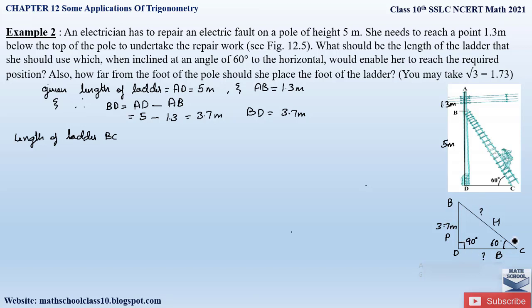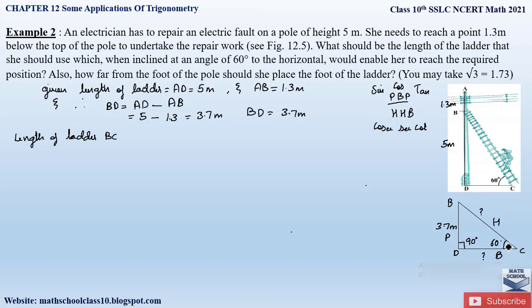So here we can apply the trigonometric ratios to find out sides BC and DC, right? To apply the trigonometric ratios, we should draw the fraction, that is P, B, P divided by H, H, B, right? Perpendicular by hypotenuse is sine, base by hypotenuse is cos, and perpendicular by base is tan, and the reciprocals of these, hypotenuse by perpendicular, hypotenuse by base and base by perpendicular, are cosecant, secant and cot theta.